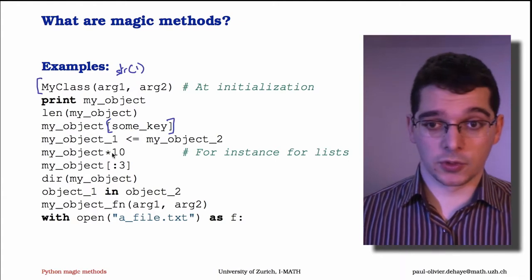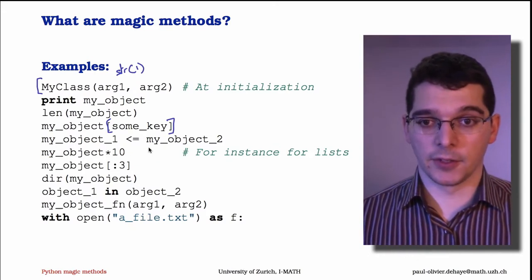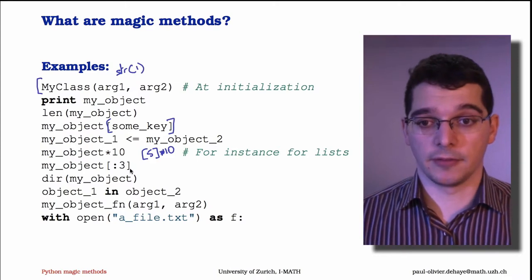You can also use those binary operators in a different way, where the first object and the second have different types. If you have, for instance, this list, you can multiply it by 10, and you will have a list with 10 times the entry 5.